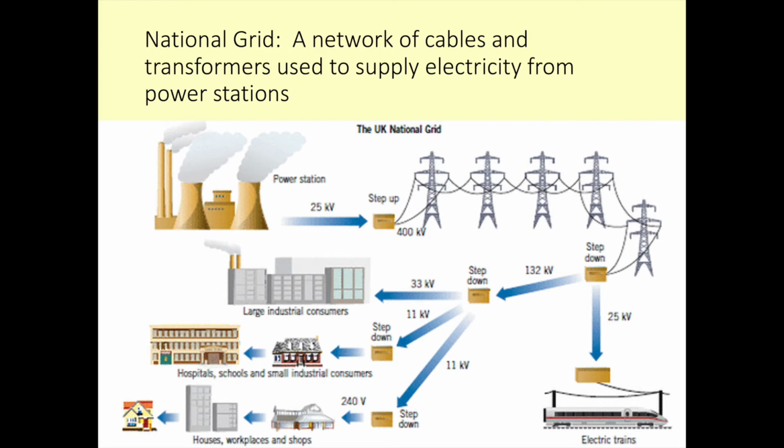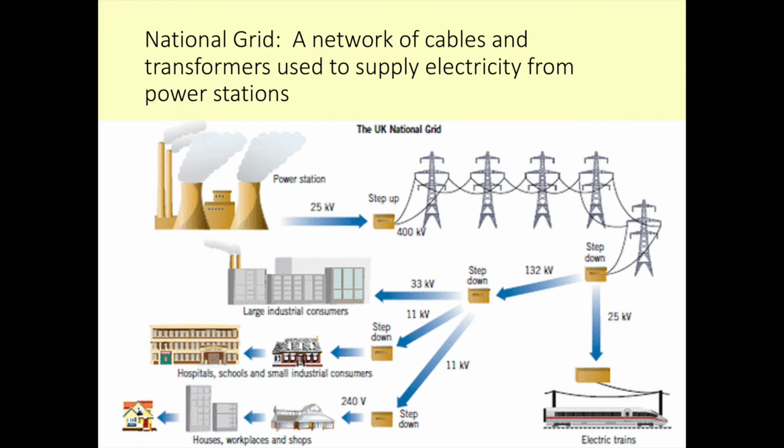You'll see here that the power station starts off with a very high potential difference of 25,000 volts. They then step this up to 400,000 volts for when it's travelling along the overhead cables.